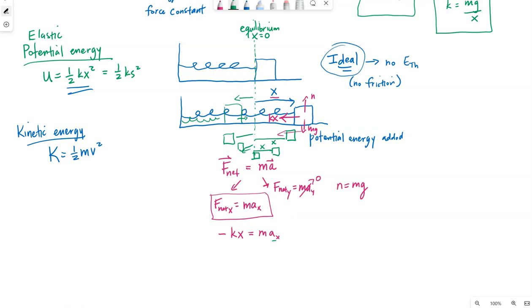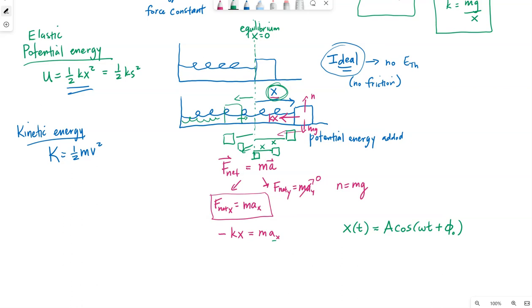Now, if we think back to our generic equation of motion, so A, amplitude, the maximum distance the mass is pulled from equilibrium, the amplitude is essentially determined by me. I'm the one that's grabbing the mass, pulling it to the right.